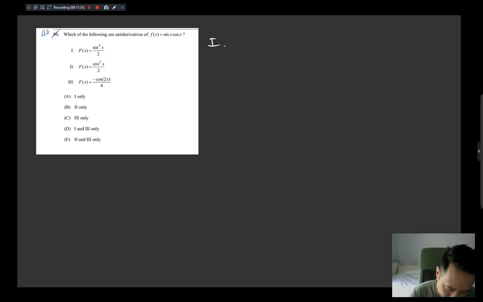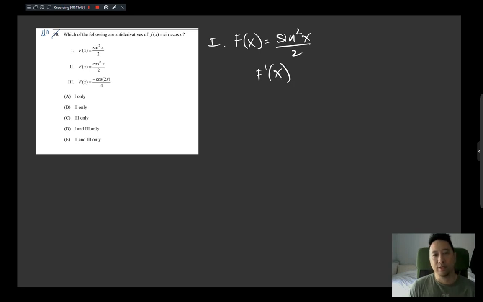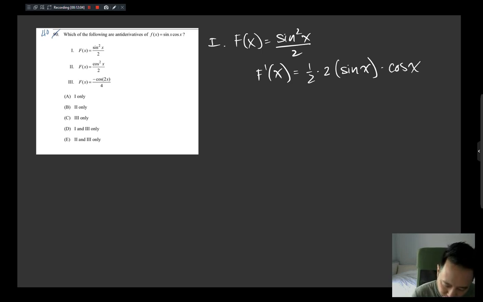So number 1, I have f of x equals sine squared x divided by 2. The derivative of this is going to be a chain rule. So I have 1/2, this is my constant, I'm moving that to the front, and then times 2, and then I have the inside to the 1 power times the derivative of the inside, which is going to be cosine of x.